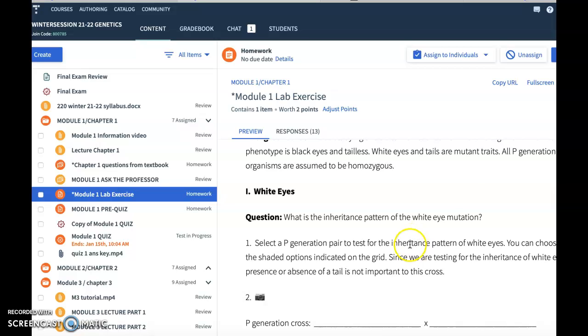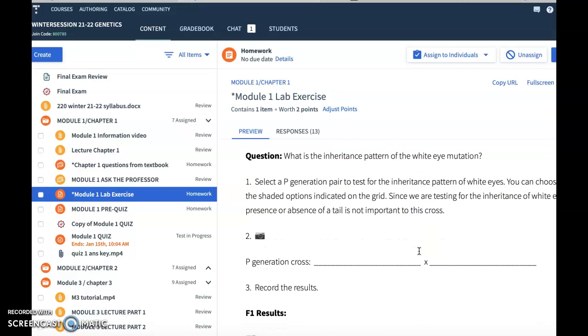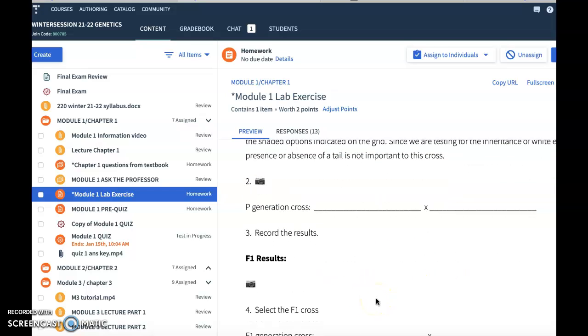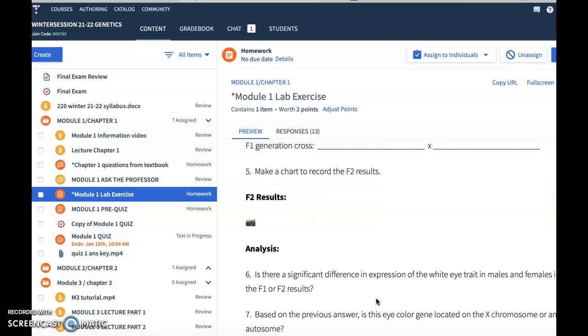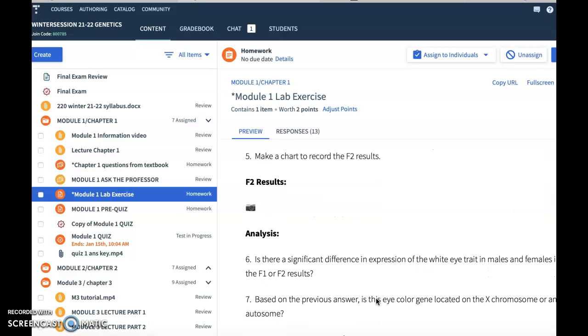So we found out by doing the test that the inheritance pattern of white eye was recessive. And then, of course, you just fill in your crosses and record the data that you obtained. Then we did the F1 and the F2. And is there a significant difference in the expression of the white eye trait in males and females in the F1 or the F2? And there wasn't, indicating that the gene is not on the X chromosome.